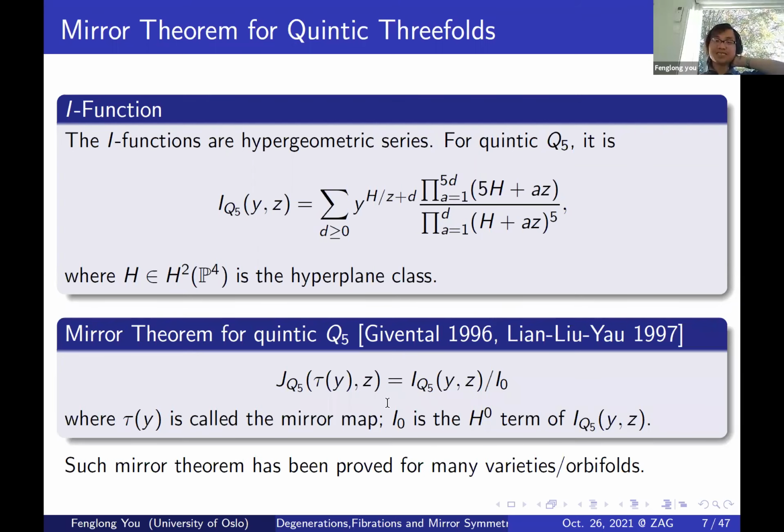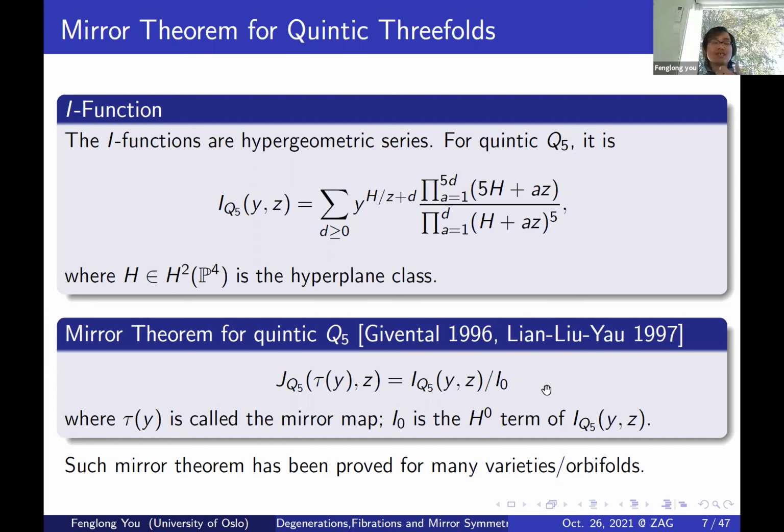The relation, as stated before, is the equality between a generating function of Gromov-Witten invariants and this hypergeometric series, with some normalization, which is the first term of this hypergeometric series.